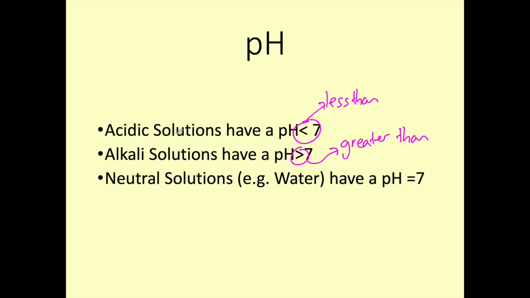So we typically refer to our acidic solutions as having low pHs because they're towards the lower numerical numbers such as 0 and 1, whereas our alkali solutions, they have a high pH. So if you just pause your video and fill in the necessary parts on your worksheet.